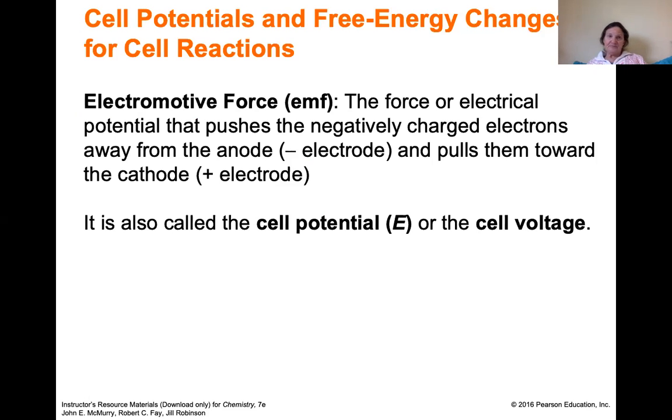So once the cell is created, then we want to think about how we get electricity out of it. So the cell will have a potential. And what you really want to think about is there's a desire for electrons to move.